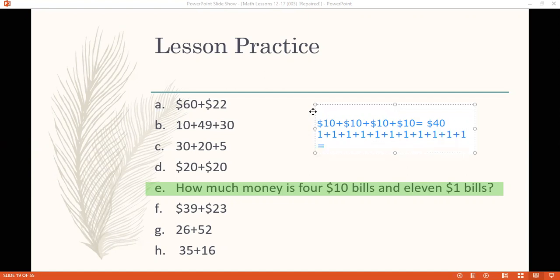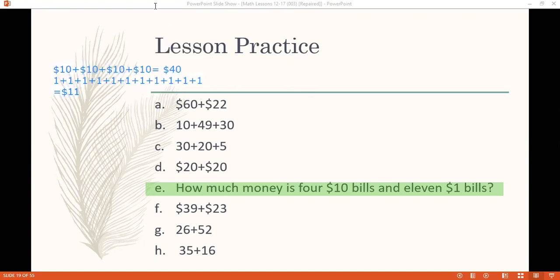How much is our 11 $1 bills? $11. So which one out of our two numbers is our greater number? It's going to be 40. So 40, and then our lesser number is 11.